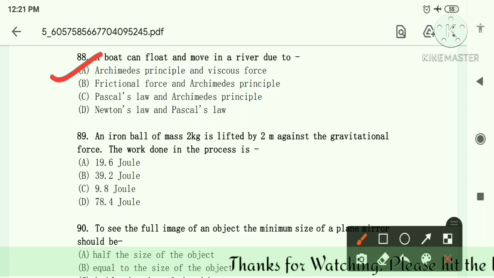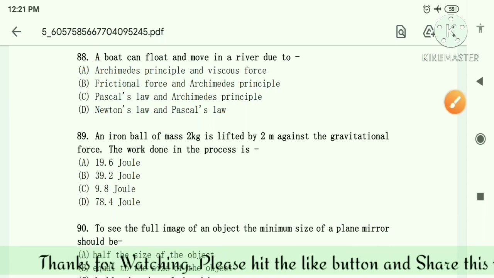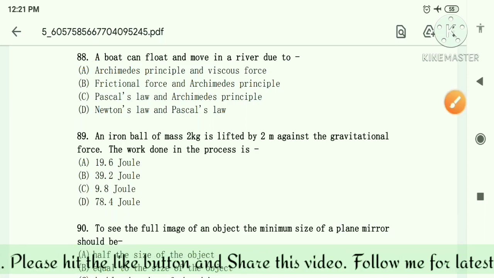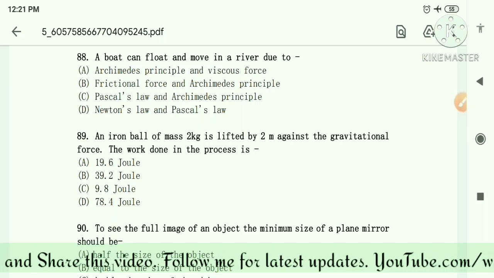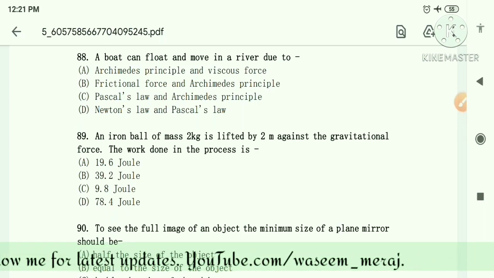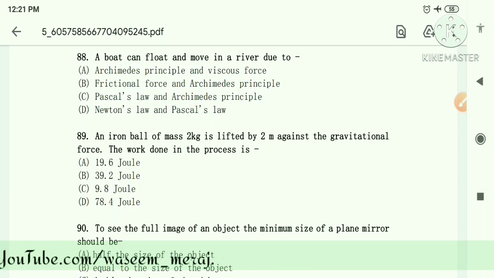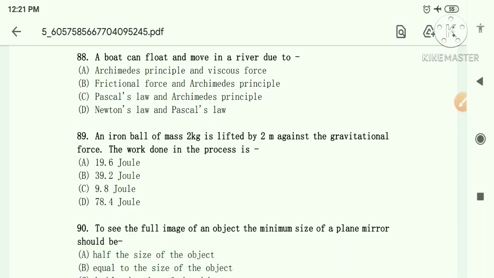Here it is. An iron ball of mass 2 kg is lifted by 2 meter against the gravitational force. The work done in the process is option A 19.6 joule, option B 39.2 joule, option C 9.8 joule, option D 78.4 joule.